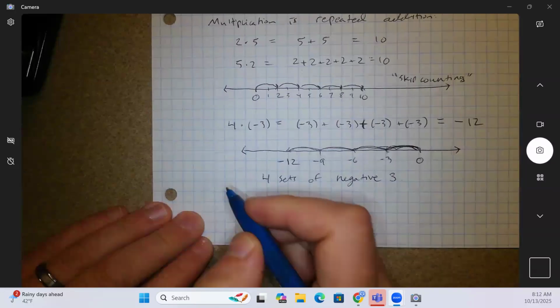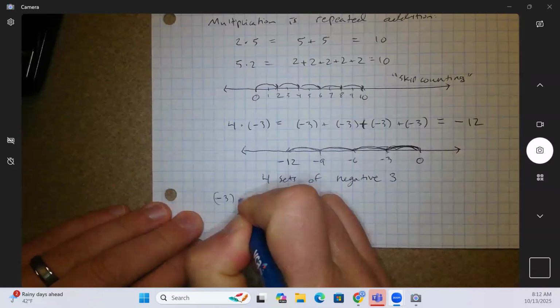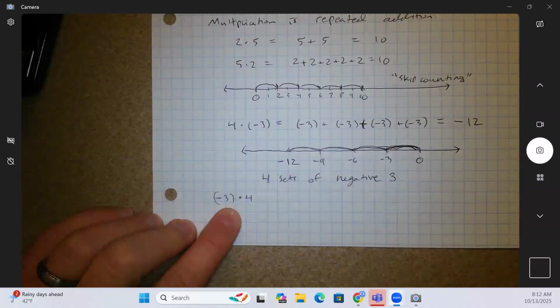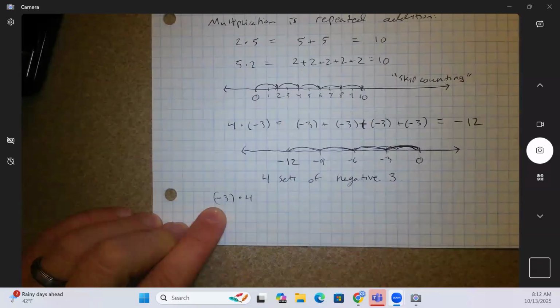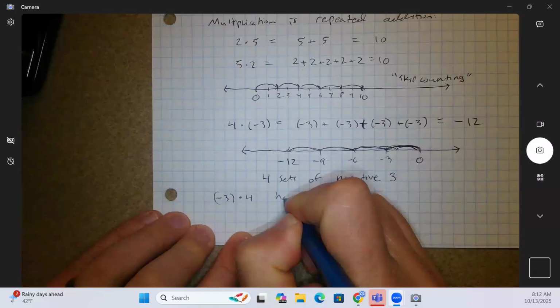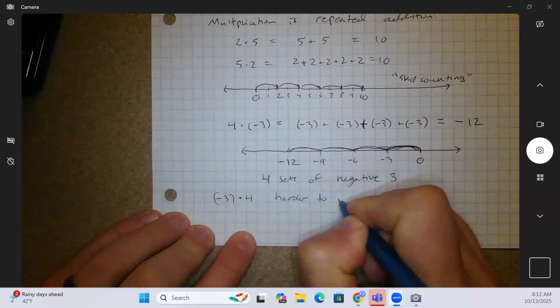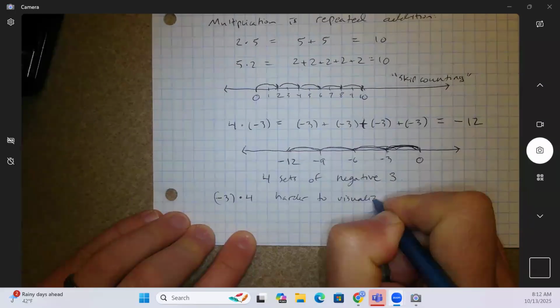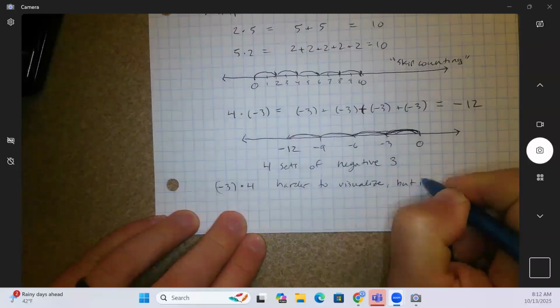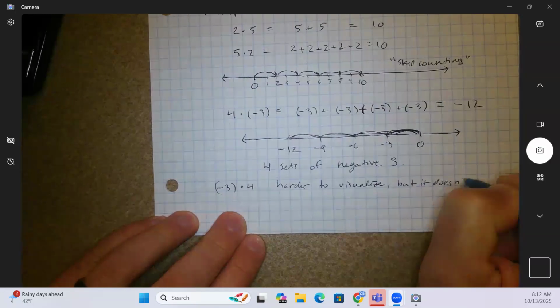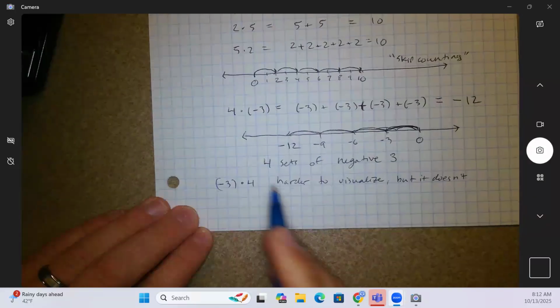-3 times 4, that's a little harder to visualize, right? I mean, what does it mean to take -3 sets of a number, or to take 4 steps -3 times? So this is harder to visualize, at least for me. But fortunately, it doesn't really matter because we can always switch that order.